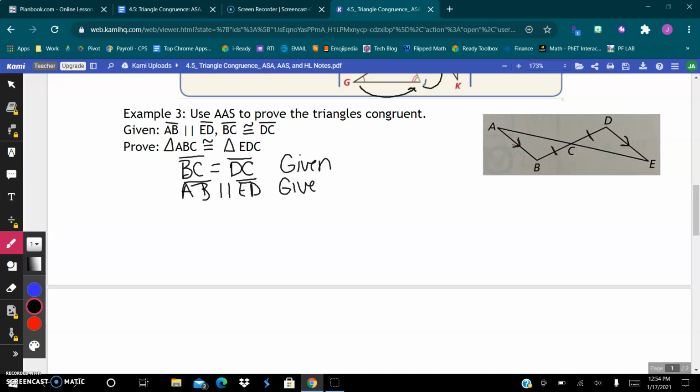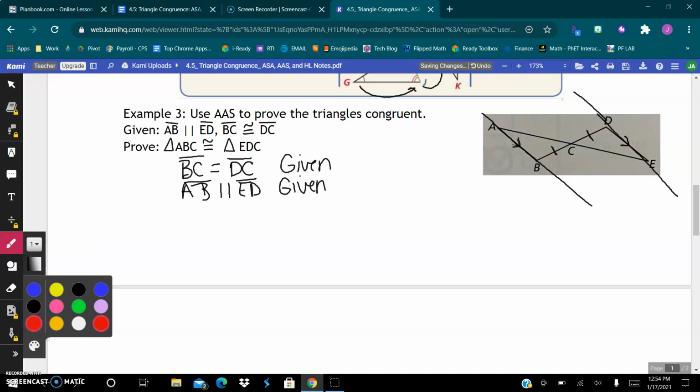All right, so always write down our givens. Then if we pretend these lines are extended, we can look here, we have angle B and angle D. Those are going to be congruent angles because they are alternate interior.